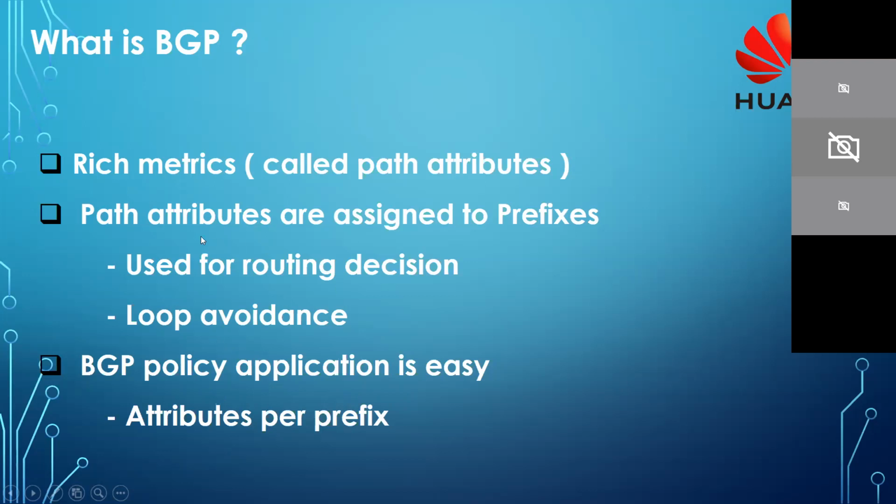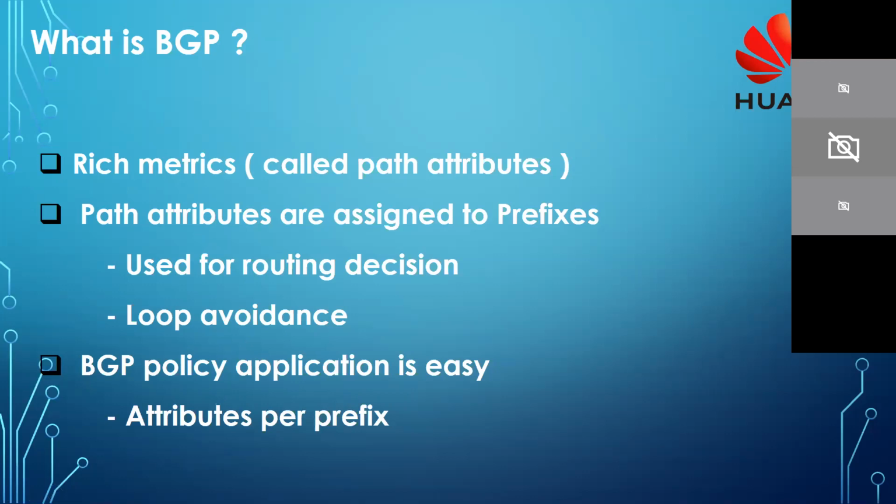The path attributes also provide BGP with a loop avoidance or loop prevention mechanism. There is a path attribute that we will see in the next slide that provides BGP loop avoidance.